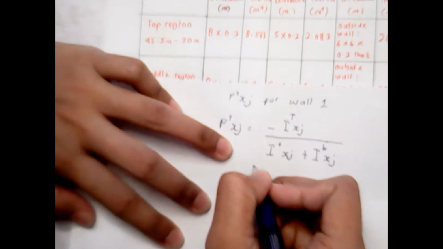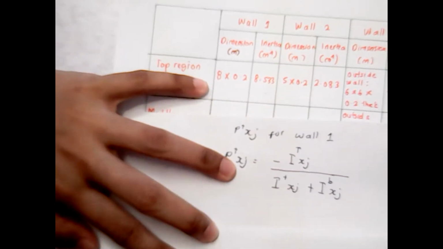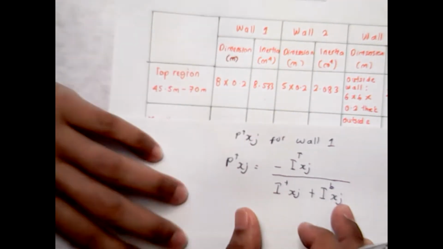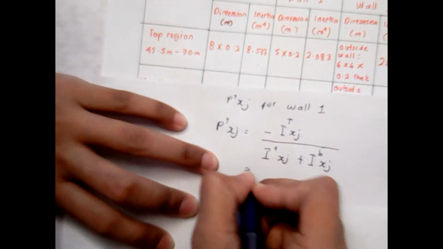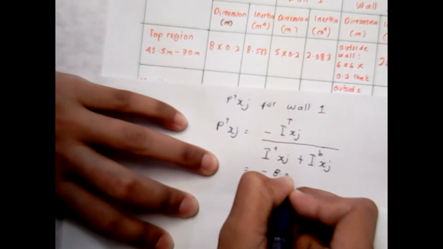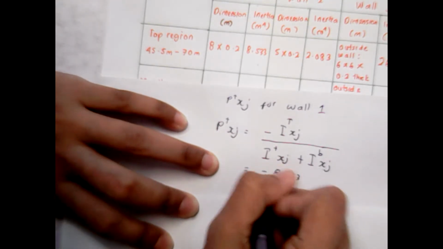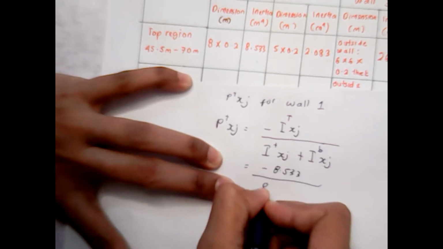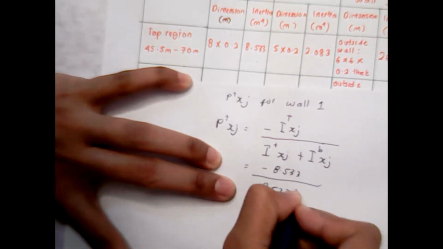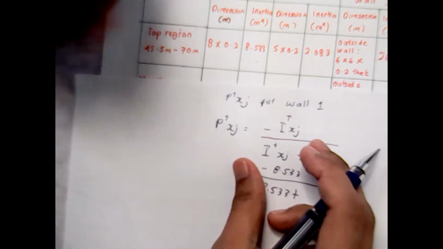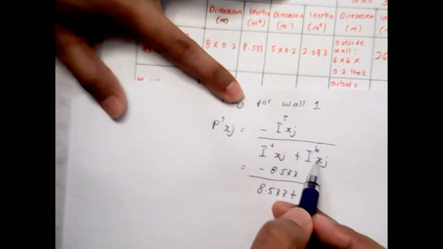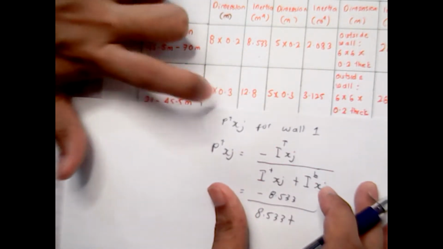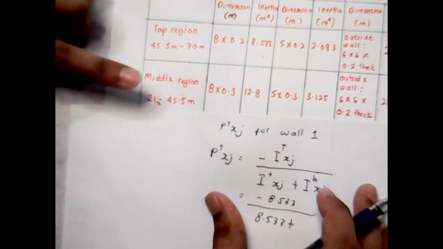So you can see for wall 1 is 8.53, the inertia. So you can substitute negative 8.533 divided by top 8.533 plus bottom. So bottoms of wall 1 is 12.8, which is the mid region.